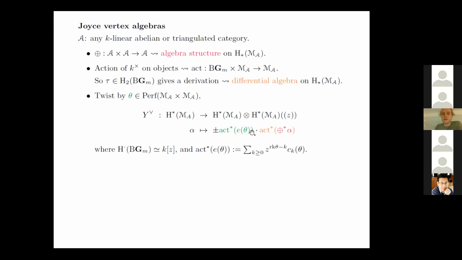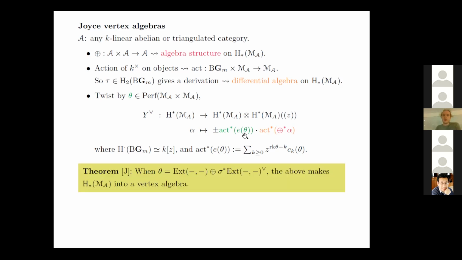And then you dot with the pullback of the Euler class of theta. Now, unless theta is a vector bundle, the Euler class of theta is not actually defined, so this is a definition rather than an equality. By the splitting principle, if theta is a vector bundle, you have this equality, and in general, you just make this definition.